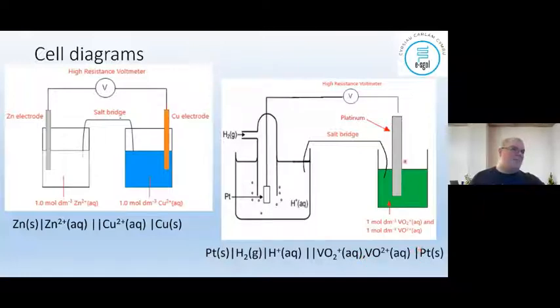But then, of course, we have a platinum electrode in this, so we need to have a phase boundary and then end with a platinum electrode. So with these gas electrodes and aqueous electrodes, we always either start or end with a platinum electrode. So it always starts or ends with Pt in the solid state.